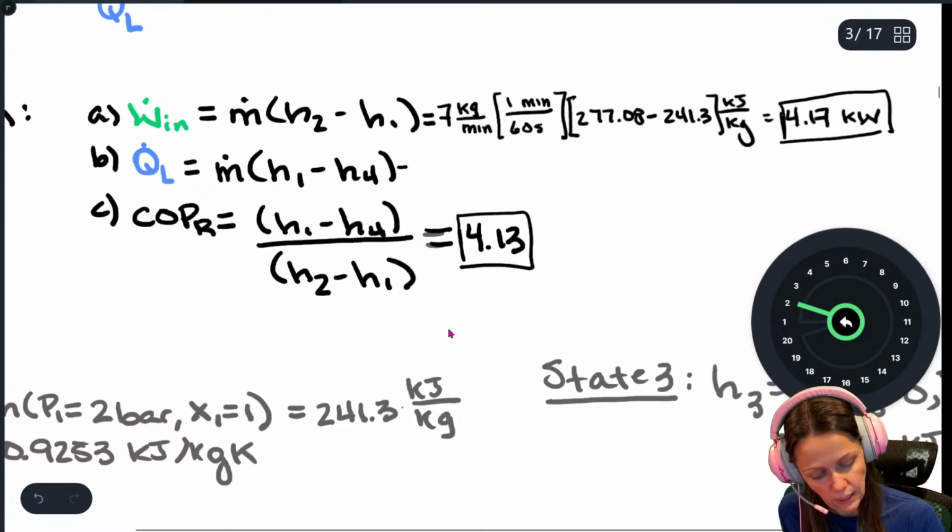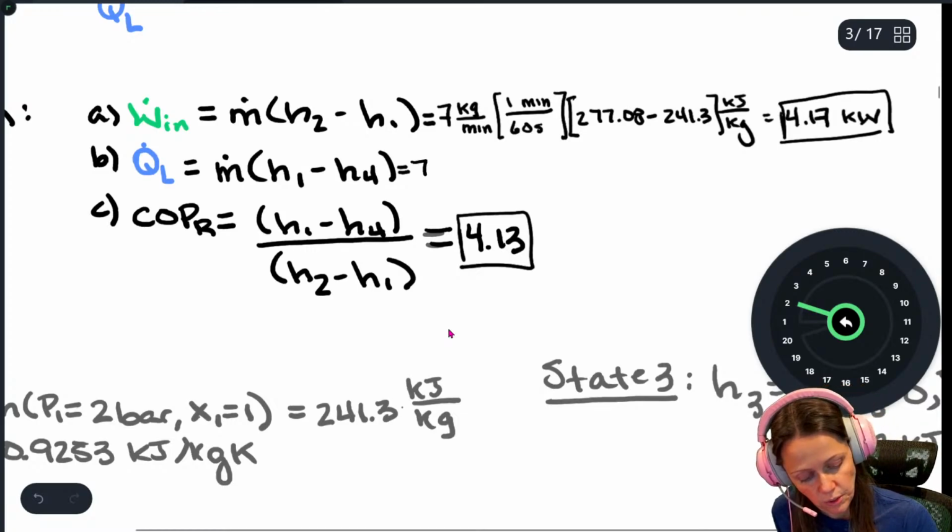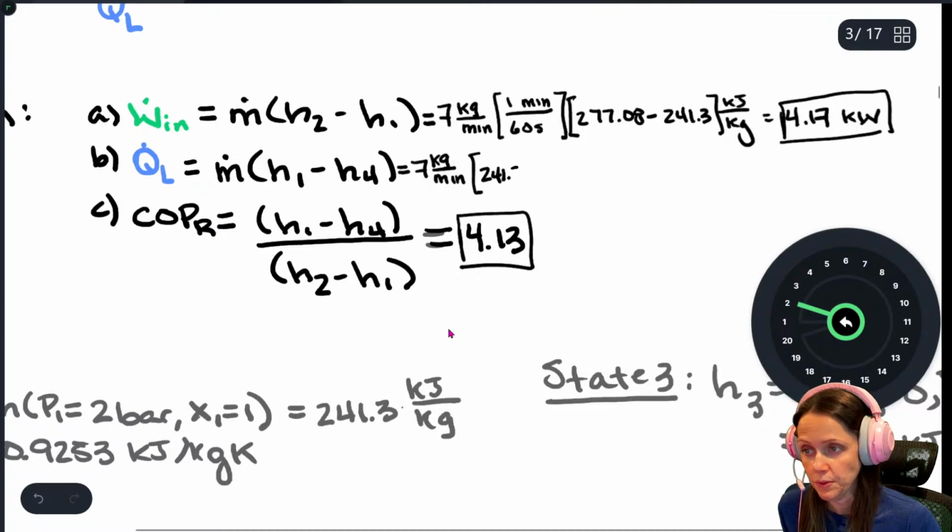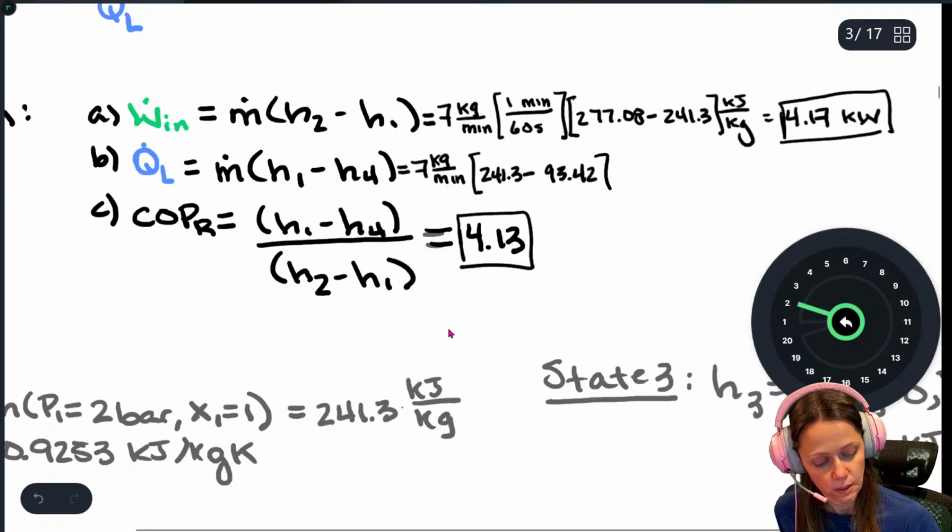The only other thing I need to do is make sure I get things in terms of tons of refrigeration. So it's going to be 1 point something minus my H4, which is 93.42. That's kilojoules per kilogram.